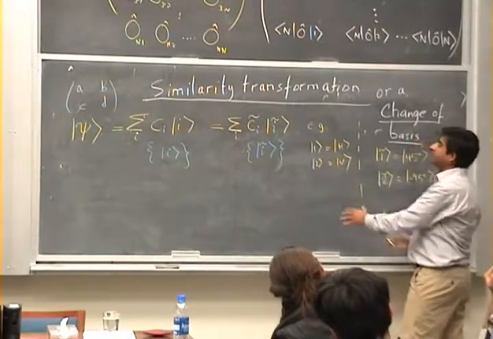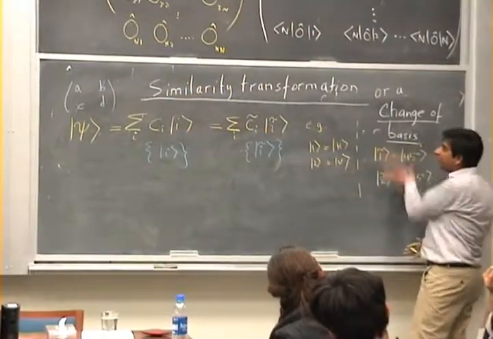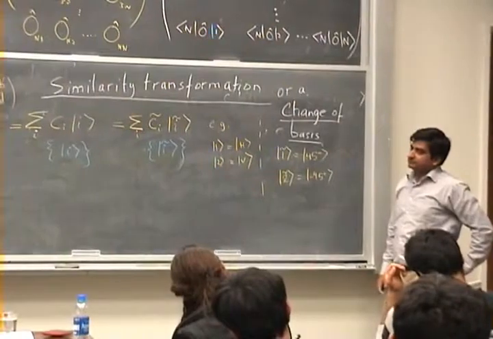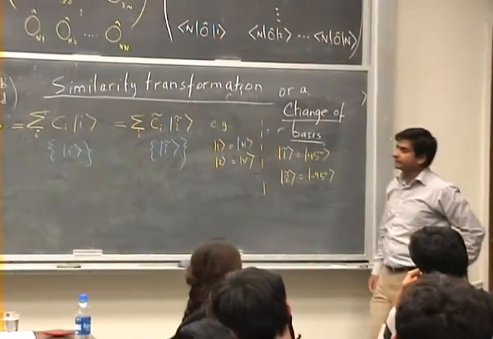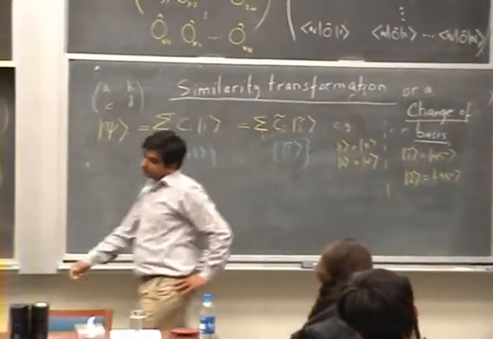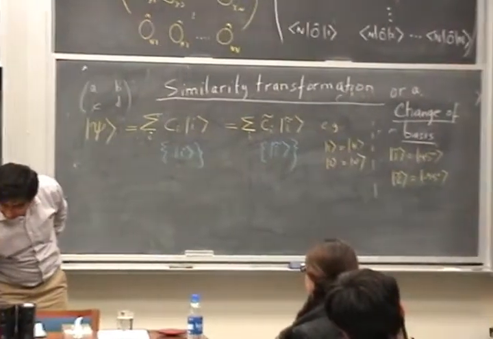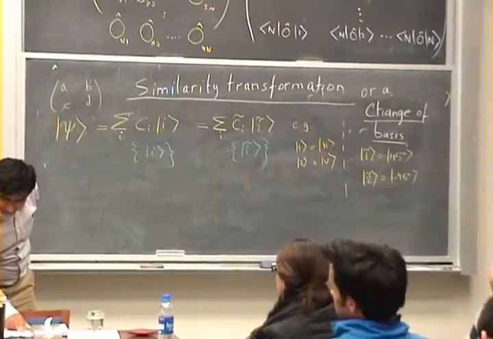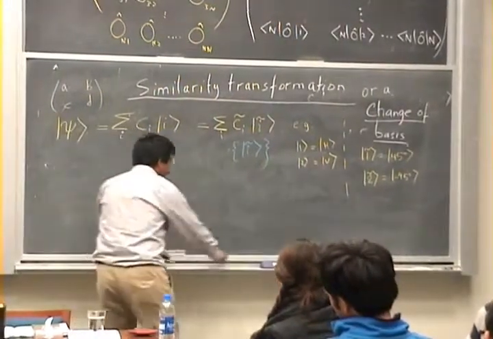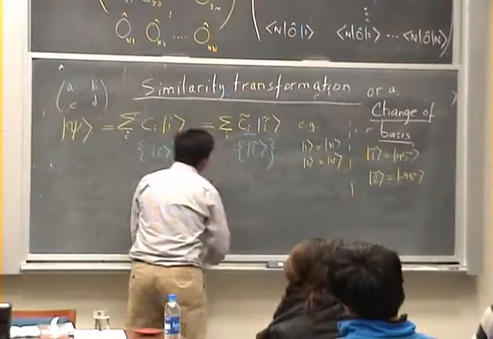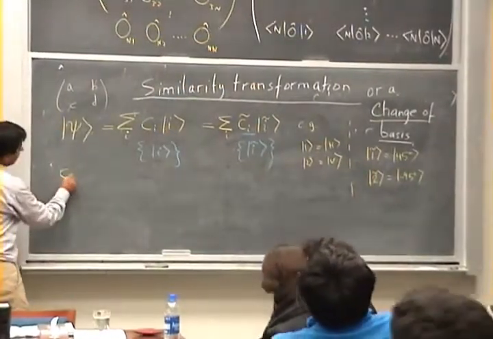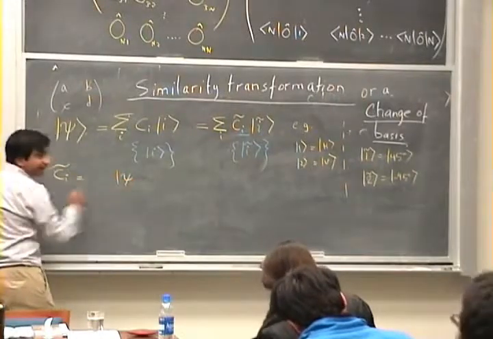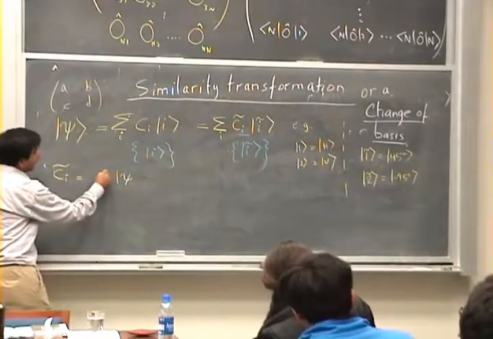But the same state can be represented in either this basis or in this basis. Okay? Now what is this coefficient equal to? This Ci tilde is equal to the overlap of the state with ket i tilde, right?